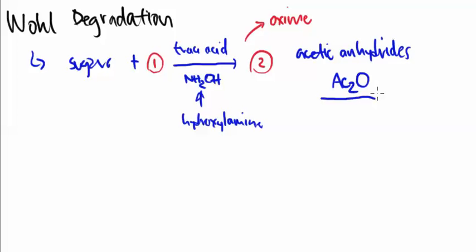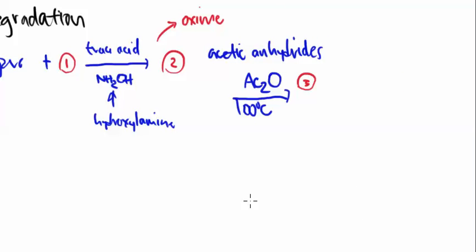So we take acetic anhydride and we heat it up to boiling, so 100 degrees Celsius, boiling point of water. Once this thing begins to boil, we then add our third set of reagents to the system. And this third set of reagents will include OH and water.